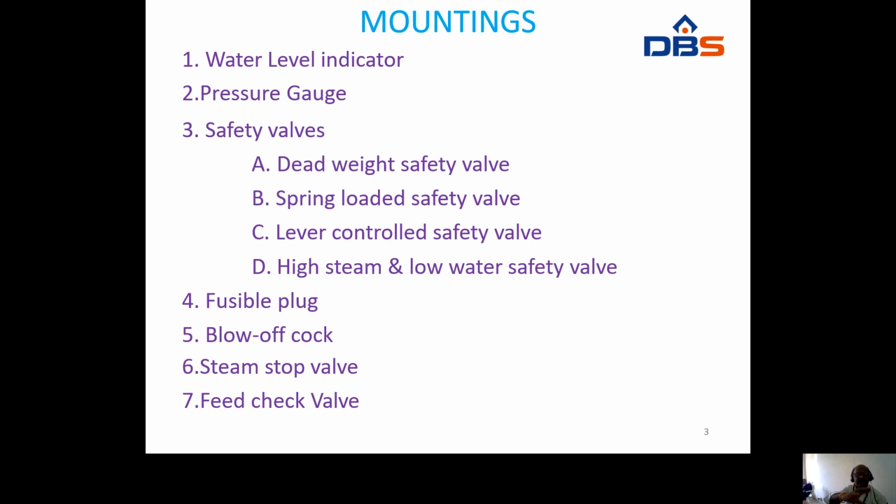There are different types of safety valves: dead weight safety valve, spring loaded safety valve, lever controlled safety valve, and high steam low water safety valve. These are the four types of safety valves. Then fusible plug, blow off cock, steam stop valve, and feed check valve. Like this there are 7 mountings we are going to discuss.